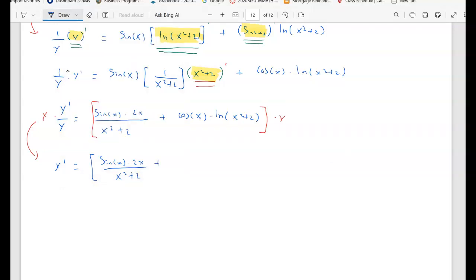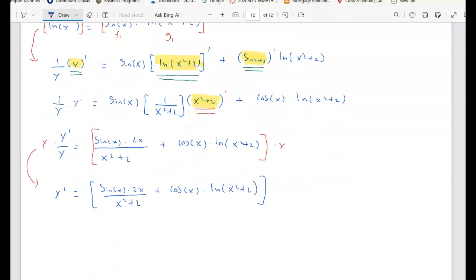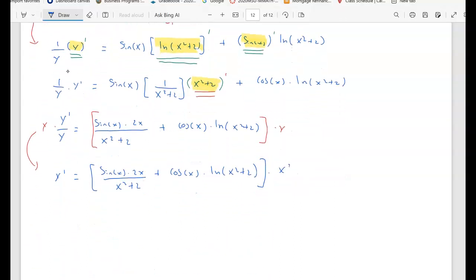And then plus the cosine of x times the ln of x squared plus 2. This entire expression contains the y, and y is x squared plus 2 raised to the sine of x.